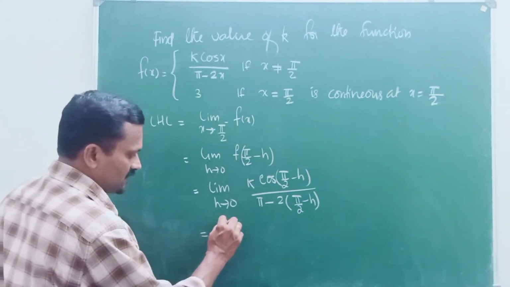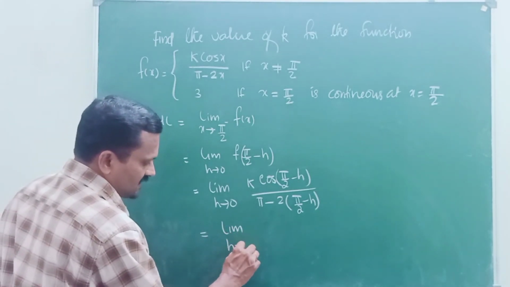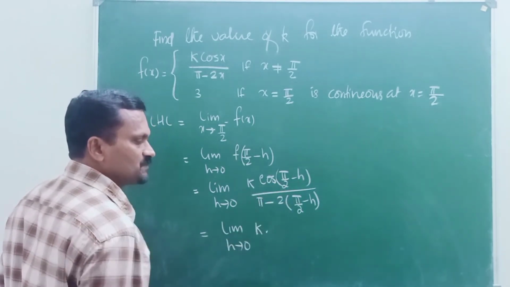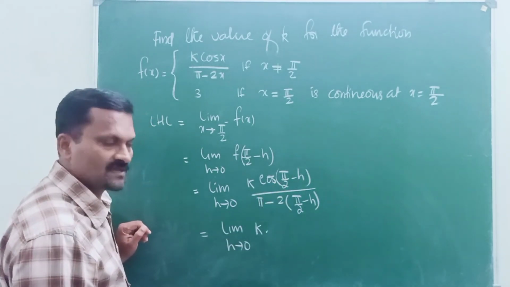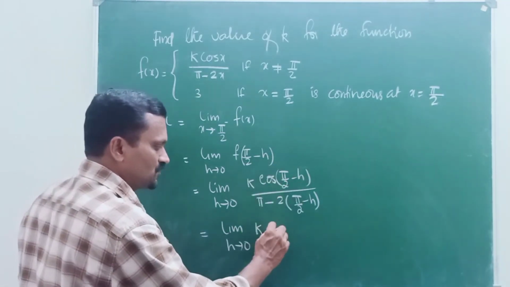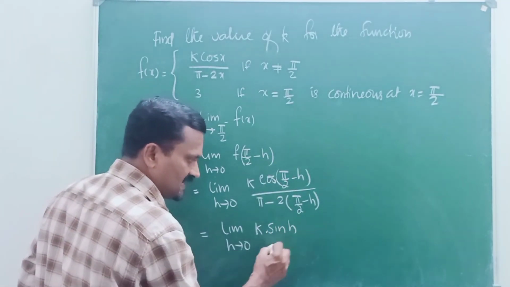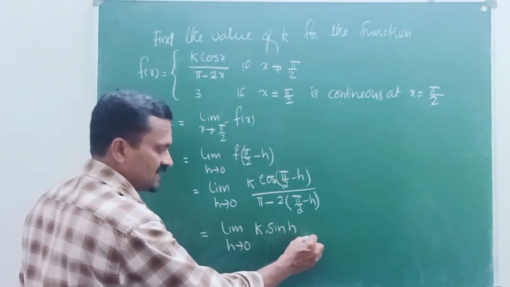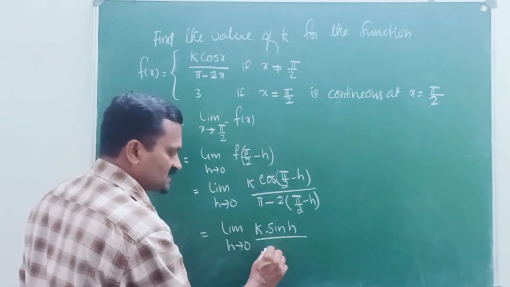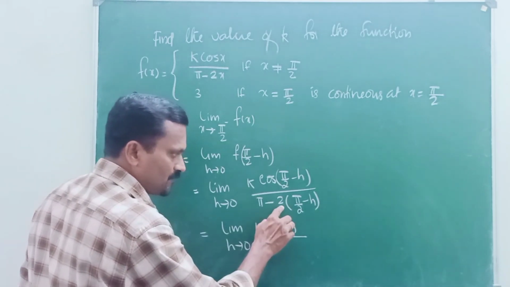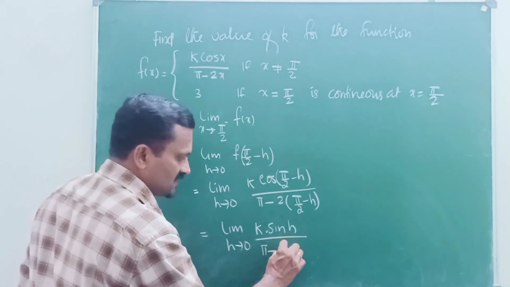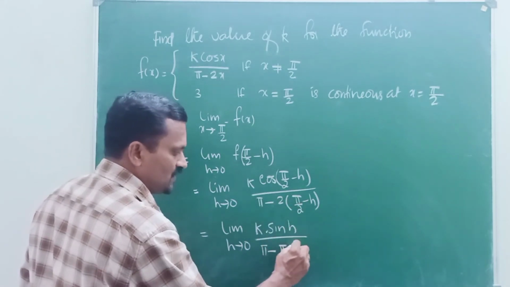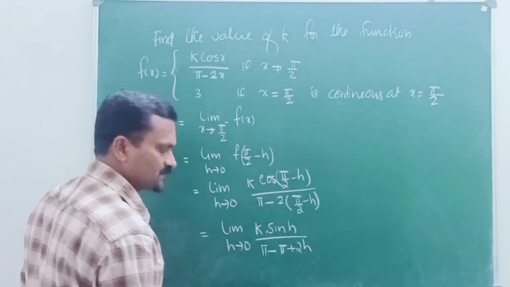On simplifying, limit h tends to 0, k into, what is cos of pi by 2 minus h? It is of the form cos of pi by 2 minus x, that is sin x. Here x equal to h, so it becomes sin h divided by, expand the bracket: pi minus 2 get cancelled, minus pi, minus into minus becomes plus, 2 into h becomes plus 2h.